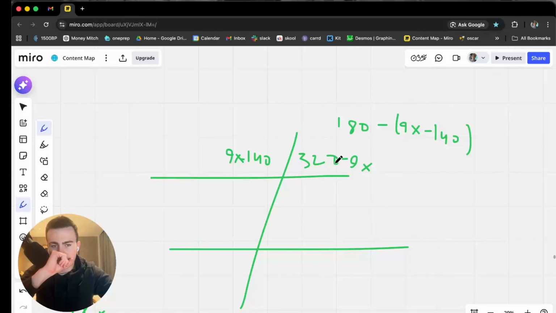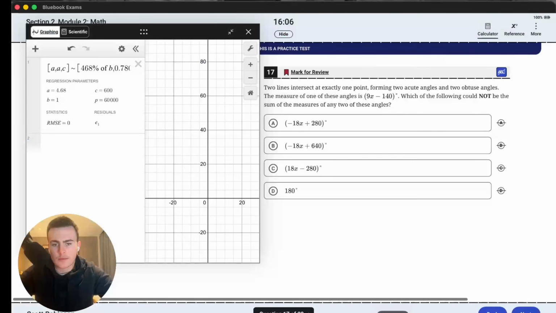So it should be minus 9x plus 320. Right? Okay, yeah. So if we were to get it, it'd be minus 18x plus 820. I must be blanking right now.